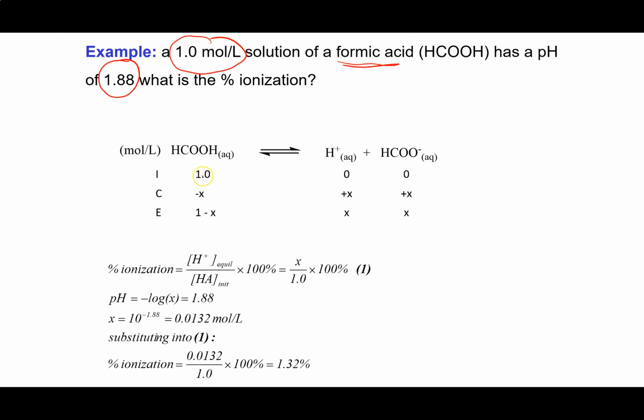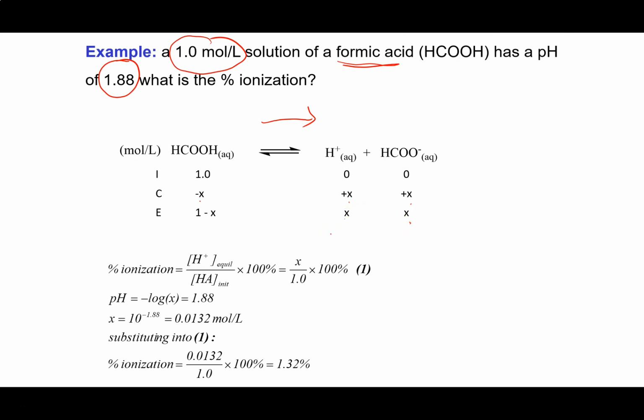I started with 1 mole per liter formic acid, and I have no hydrogen ions and none of the conjugate base, the formate anion. It's going to always move towards the zeros, so this will go down by X, this will go up by X, this will go up by X, leaving me with equilibrium amount of formic acid of 1 minus X, and then each of my products will have a concentration of X.